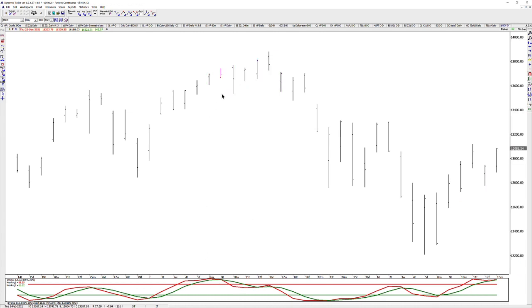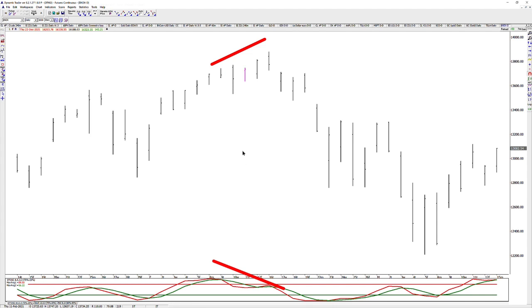For these 5 or 6 bars, this bull trend continued and the market continued to advance. Yet, right around this point in time, the momentum began declining. So we have price advancing, momentum declining. So they're diverging at that point in time. And so what exactly does that represent?